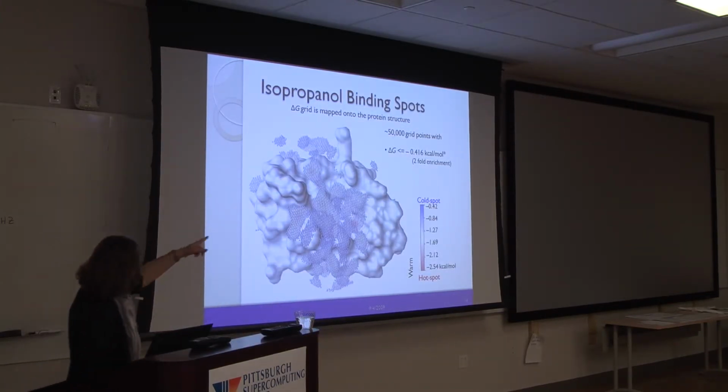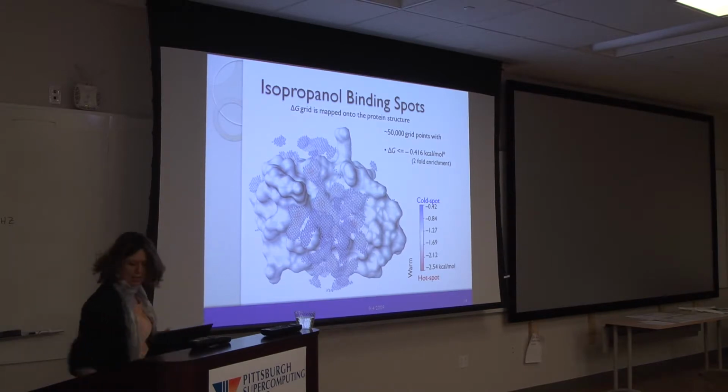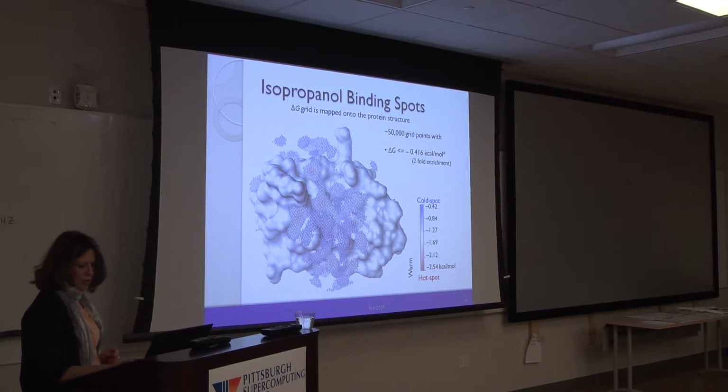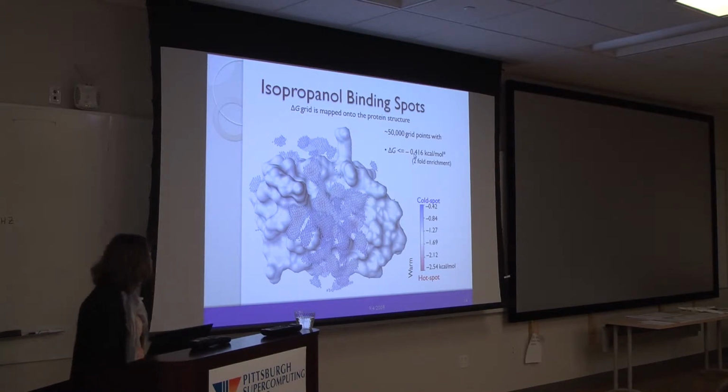So that's what this number tells us here. If you have a twofold enrichment compared to the random, your binding free energy, the change in free energy that accommodates binding, would be about minus 0.416, okay? So this gives you an idea of the energetics.